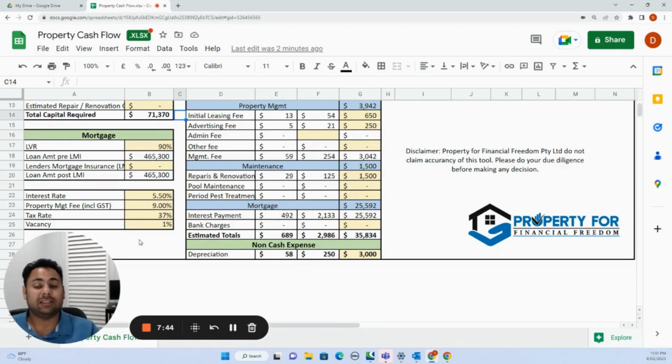In most cases, we get the tenants just before settlement and move them in as soon as settlement is done, so we have very little vacancy. I'm putting 1% here for our calculation, but you can go 2%, 3%, 0%, wherever you are comfortable.